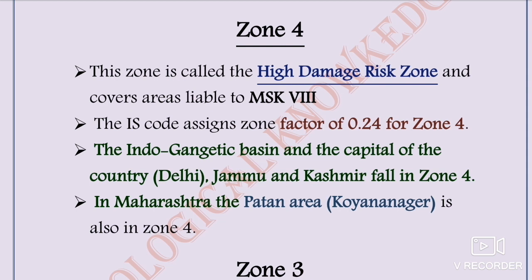So some part of the Indo-Gangetic plain and the capital of the country, Delhi, the Jammu and Kashmir region, as well as the Maharashtra state, and specifically the Patan area, that is the Koyna earthquake, as we have already talked about, the major earthquake which took place in the past, that has also been included in zone 4.